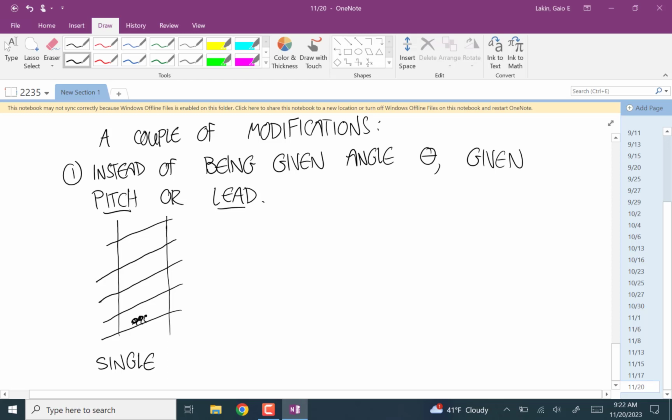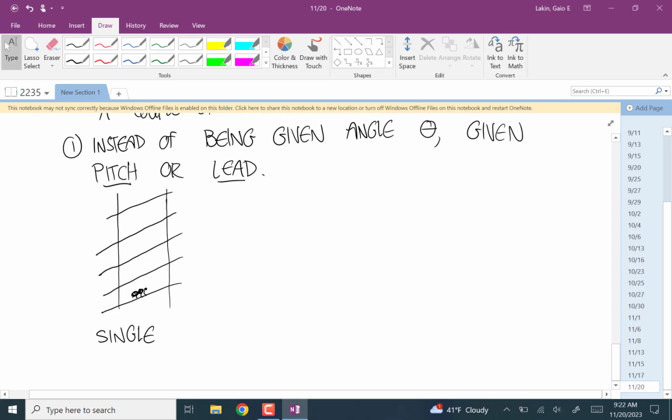I chose an ant because it's easy to draw. If you have a single thread, then the ant, when he gets to this side of the screw again, is going to appear just one level above. So he's going to go this way. The next time you see him is going to be here. In that case, this is the lead. And this is the pitch.